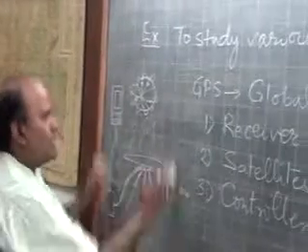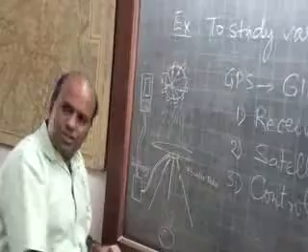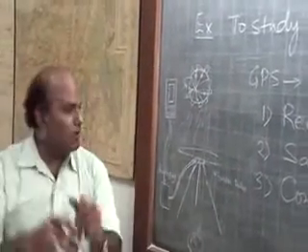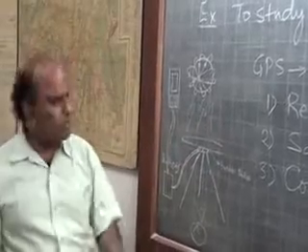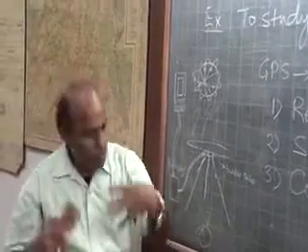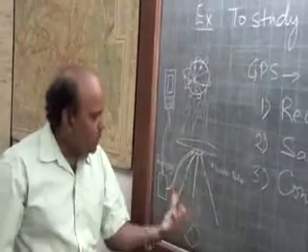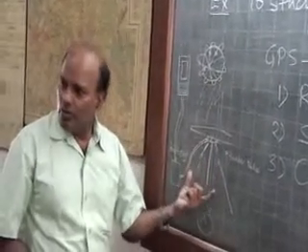If you have high-rise buildings, then there will be obstruction. If you are working in a forested area, if you are standing below a tree, then the tree cover will obstruct the signals. If you are standing in a tunnel or below a bridge, just avoid that kind of situation. Ensure that you are standing at a point which is open to the sky.